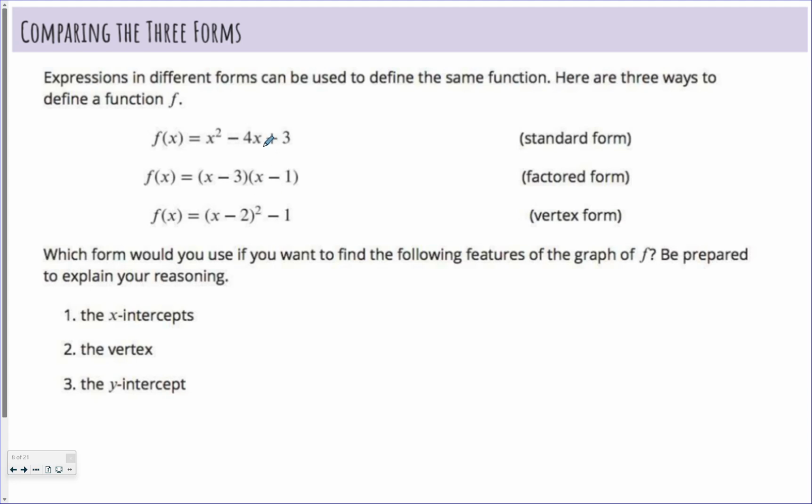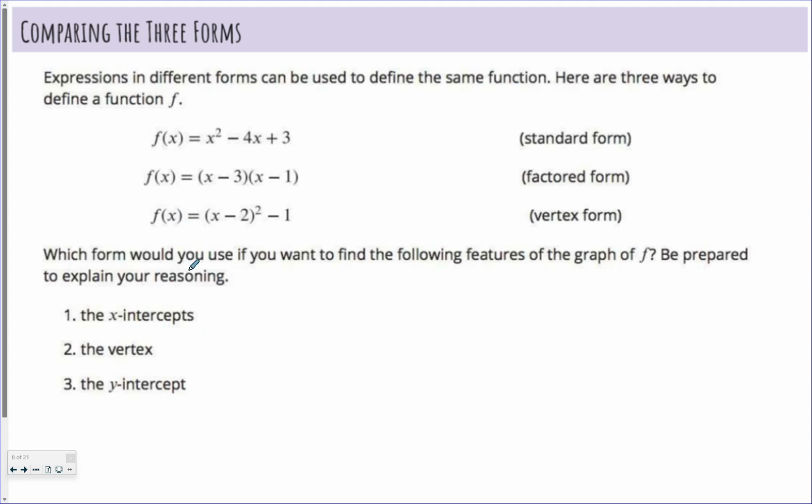So in this particular case, we want to know what each of the information could be. So depending on which way the parabola is written, we can easily pick up different pieces of information. And if we happen to have all three like this, we can find all of it super quick.